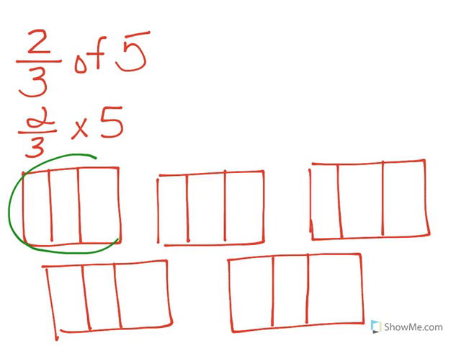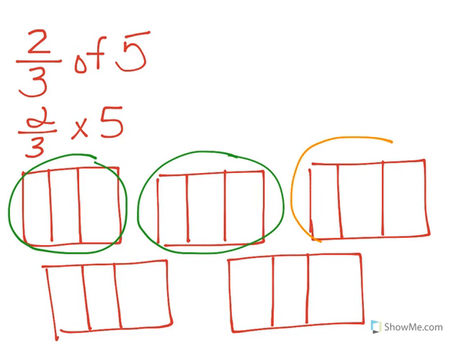I would get 1, 2, and the other person would get 1 whole. And then we have those 2 left there. Remember, I want 2/3, so I want double. We're not going to just take that last little rectangle and split it between the two of us. I'm going to get more than they will. If we each took one of those last rectangles, we would each be getting half of what's left.